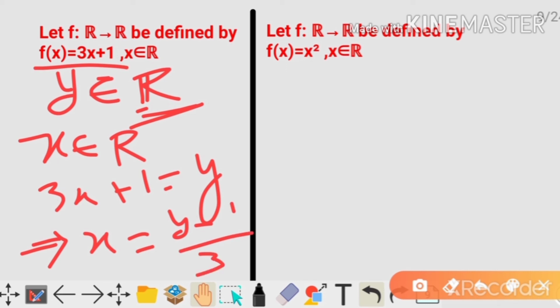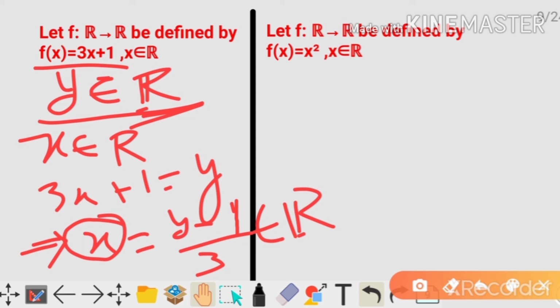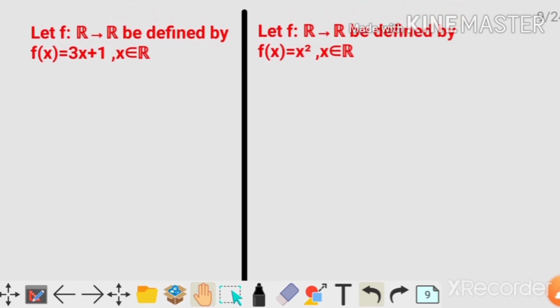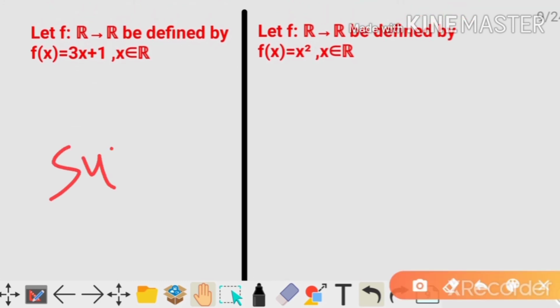As y is a real number, (y minus 1) by 3 will also be a real number. So for a real number from the codomain set, we have found a real number in the domain set which is the pre-image of that element of the codomain set. So it's clear that it's a surjective function.